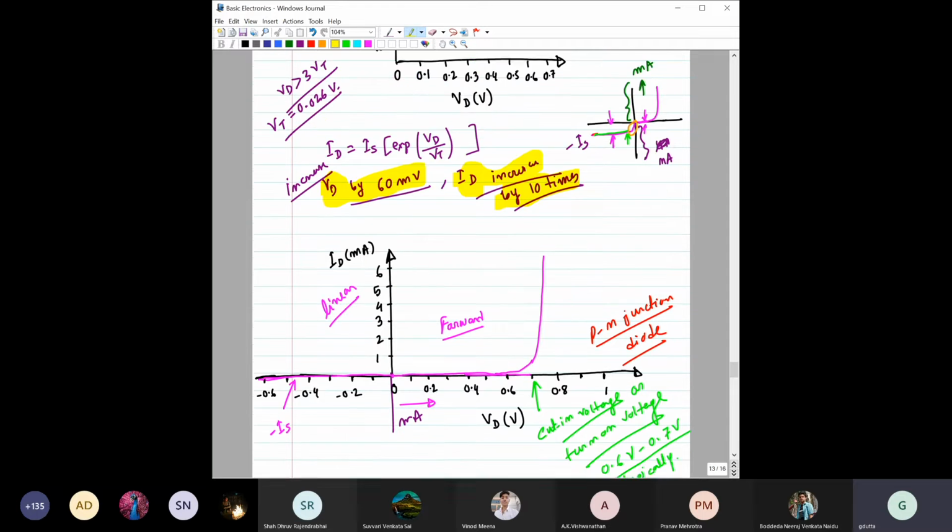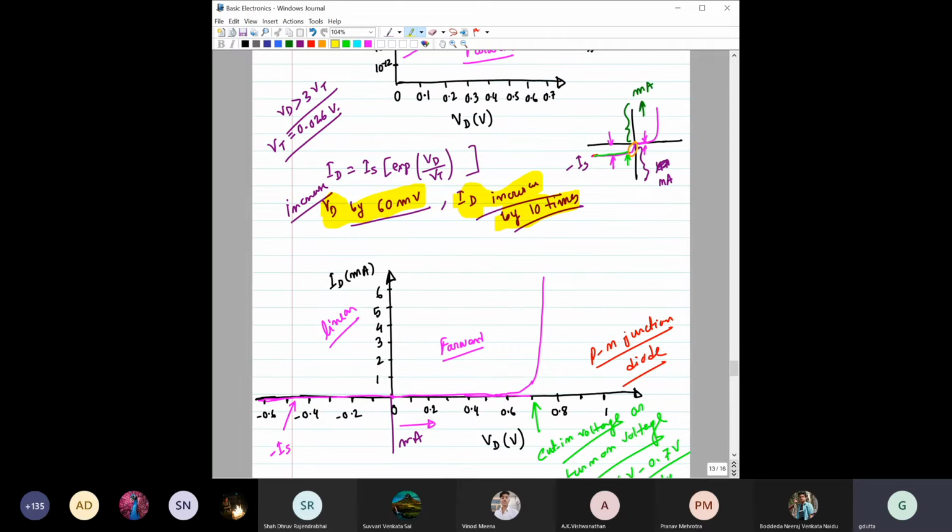Sir, isn't the increase in ID also dependent on the value of VD? That's what we are saying, no? If this VD increases by 60 millivolt, we are considering the increase in VD only here. Sir, it is delta VD, right?